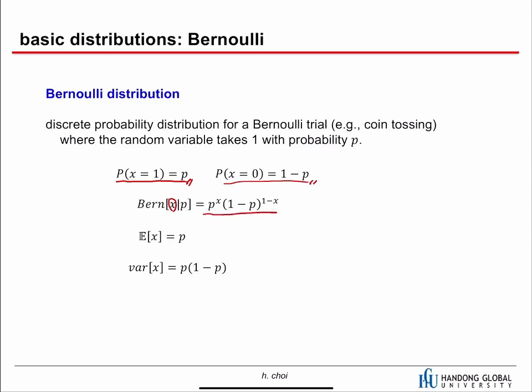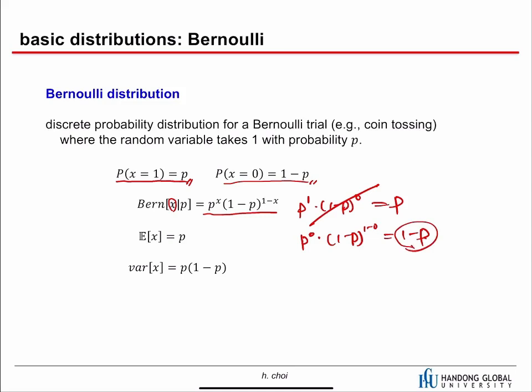If X is 1, which means head, then P to the power of 1 times 1 minus P to the power of 0, so it is P. If X is tail, which is 0, then P to the power of 0 times 1 minus P to the power of 1 minus 0 is actually 1 minus P.